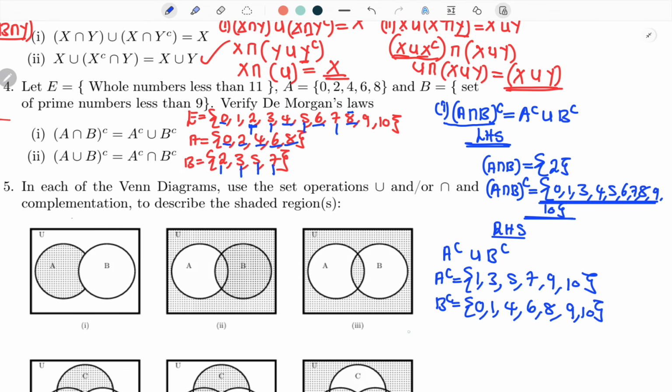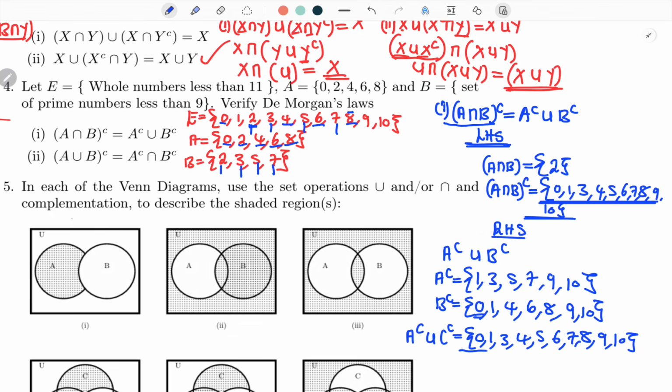Now we find A complement union B complement. So we combine all the sets. So we are going to have 0, 1, 3, 4, 5, 6, 7, 8, 9, 10.